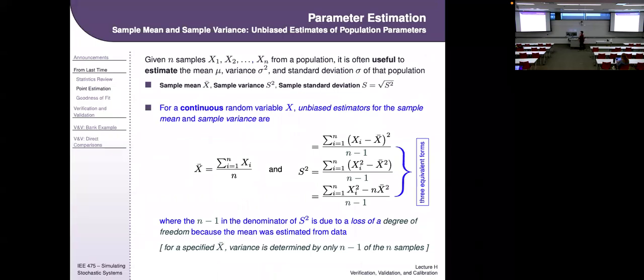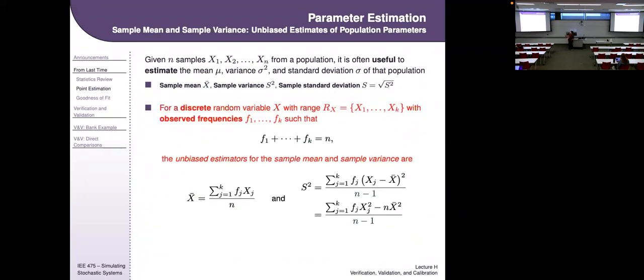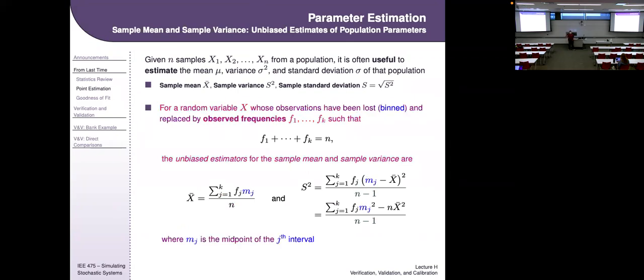Okay, so other review stuff here. Average and variance: make sure that when you do sample variance, you do the n-1. Likewise, if you're doing discrete, make sure when you're calculating the average, you multiply by the frequency of each outcome, and also the n-1 for the variance.